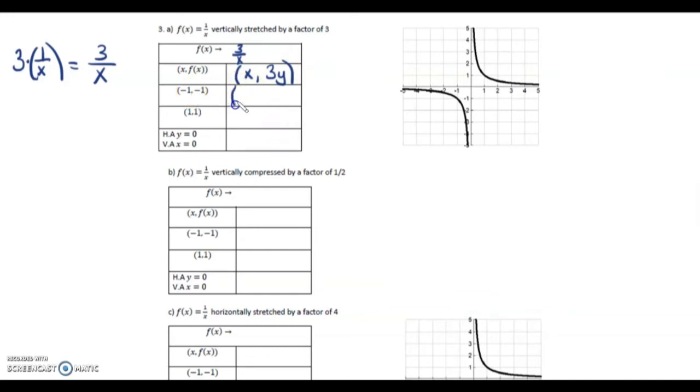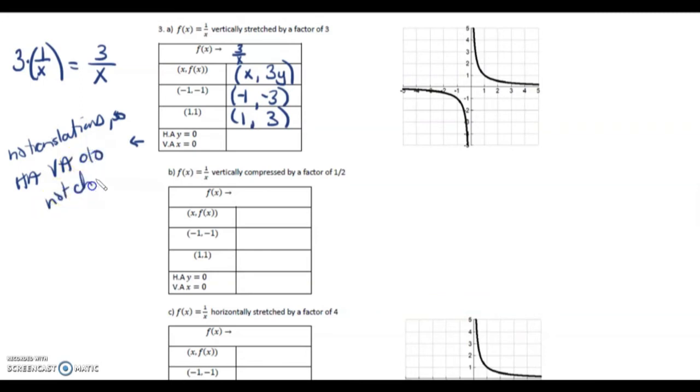So let's write the x's, -1 and 1. Okay, and for the y's, -3 and 3. Because there are no movements, like translations, so no translations, the horizontal asymptote and the vertical asymptote do not change. Okay, and therefore, the domain and range won't change.